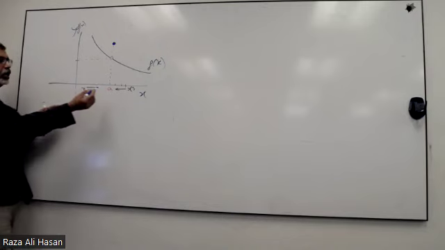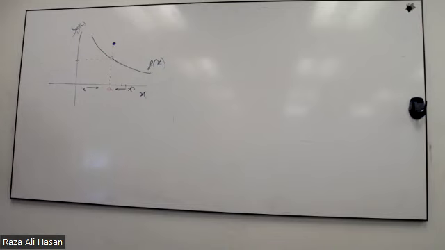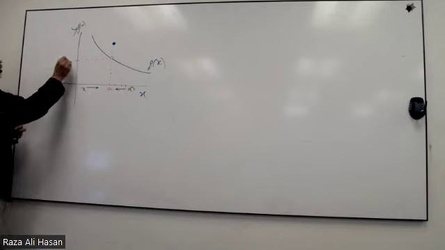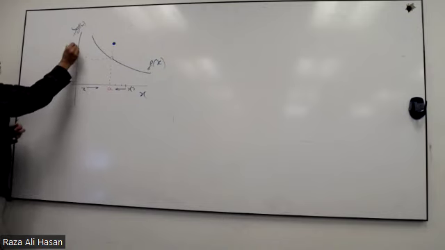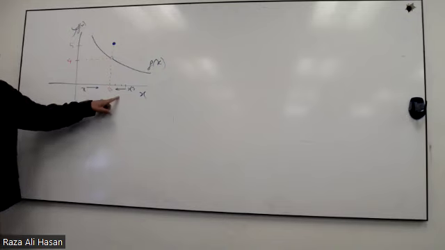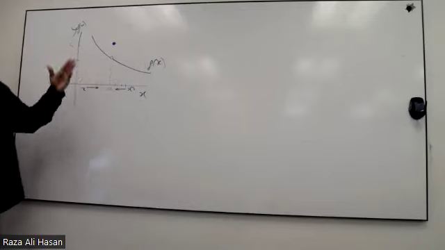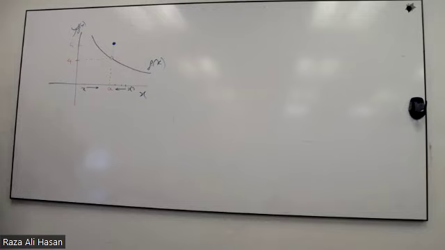As I put each x value closer to the value of a, where is the function moving towards? Let's call this 4, and this will be our little 5. When I put different x values from the right and left into the function formula, the value of the function is moving towards what?